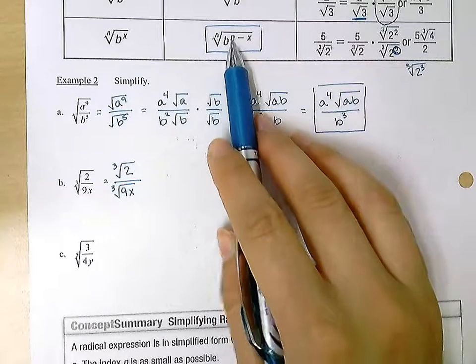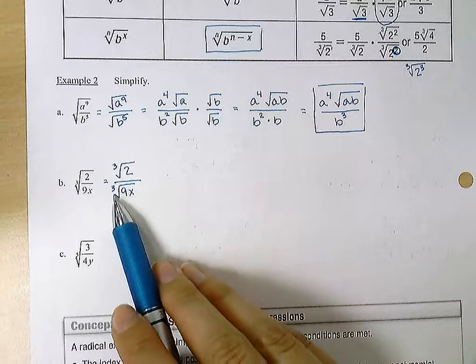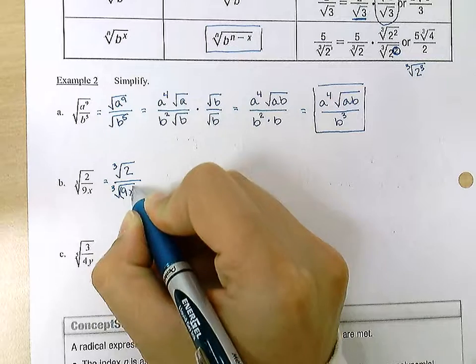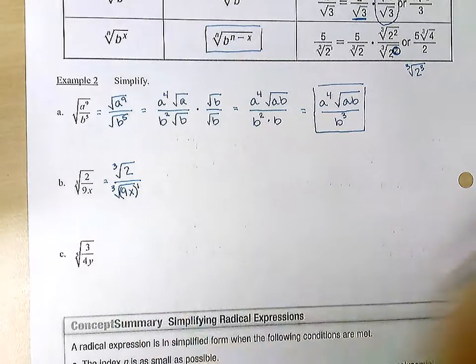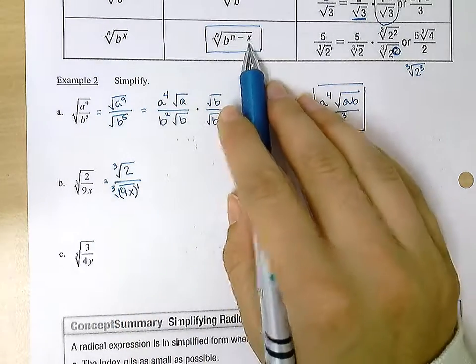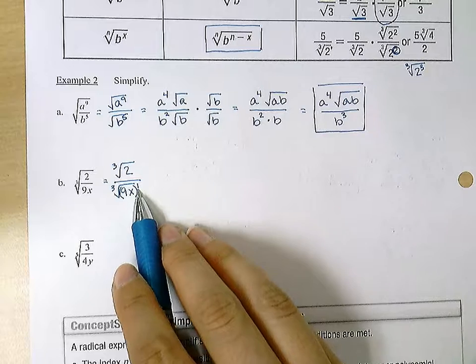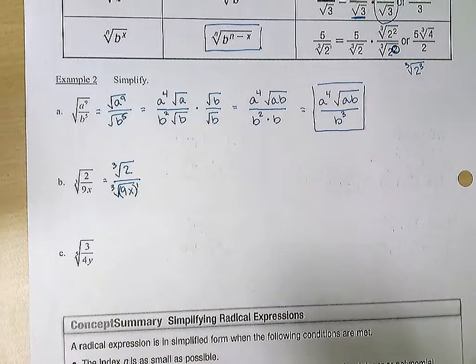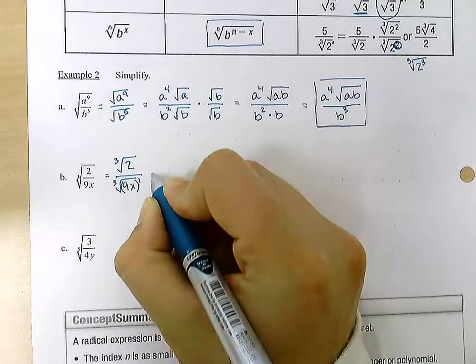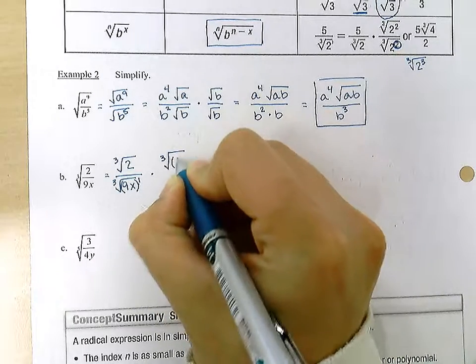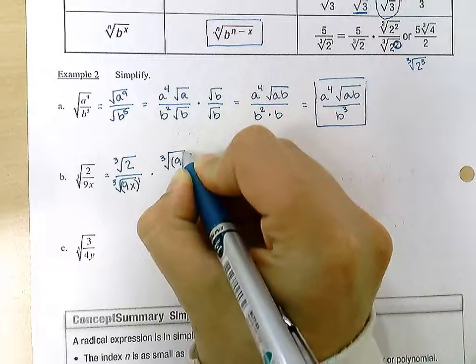My n value is 3. My 9x is raised to the first power. So that's your x here. So I would have 3 minus 1. That's what I need to raise my version of 1 to. So I'm going to multiply by the cube root of 9x squared.